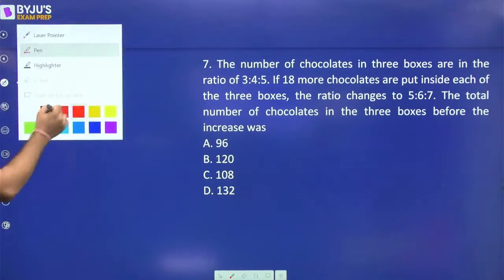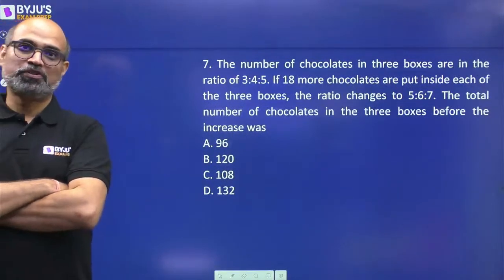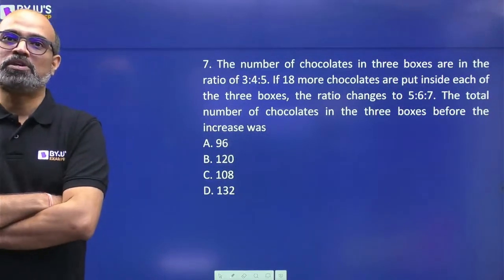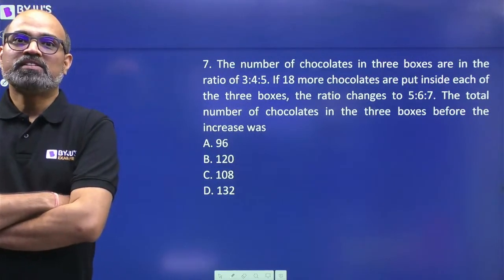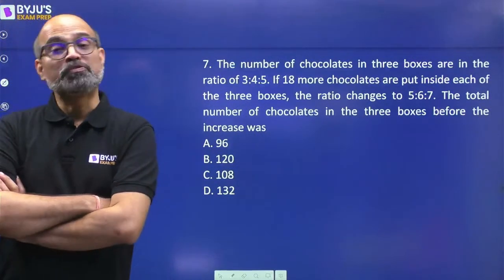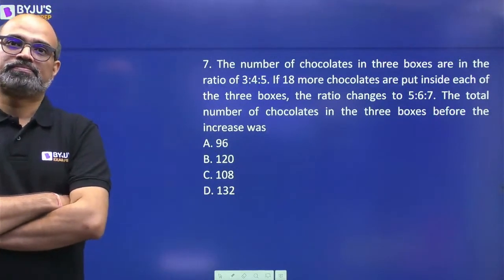The number of chocolates in 3 boxes are in the ratio 3, 4, 5. If 18 more chocolates are put inside each of the 3 boxes, the ratio changes to 5, 6, and 7. The total number of chocolates in the 3 boxes before the increase was. So we need to find out this value.